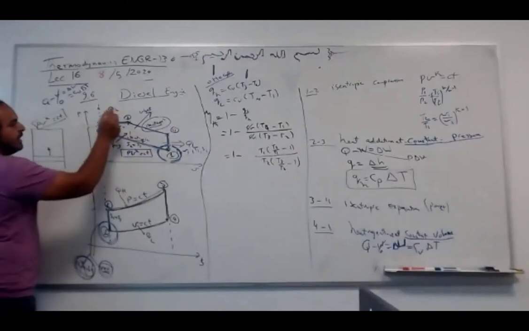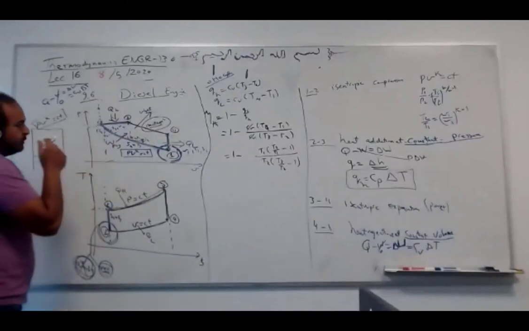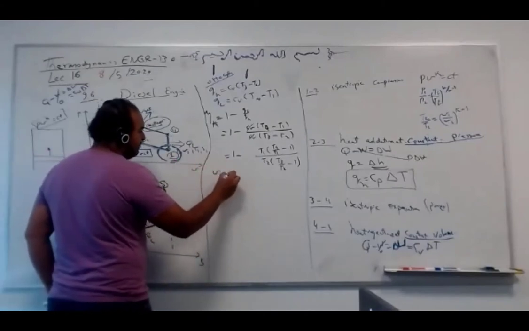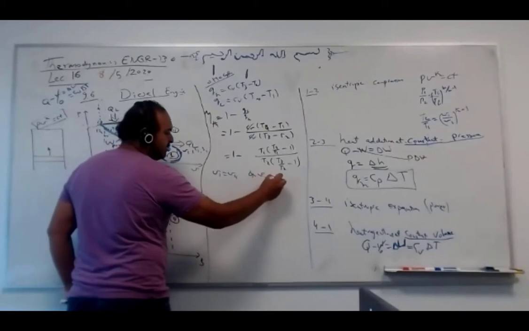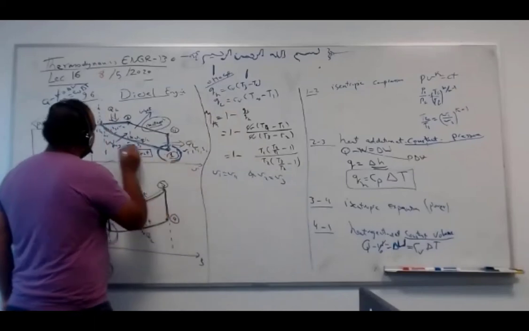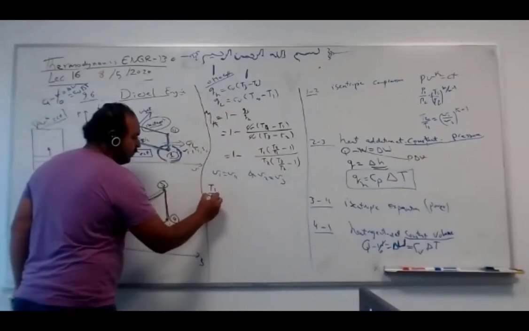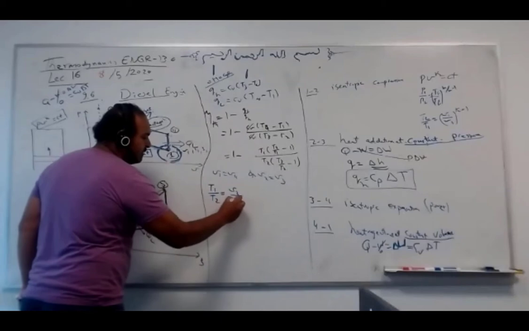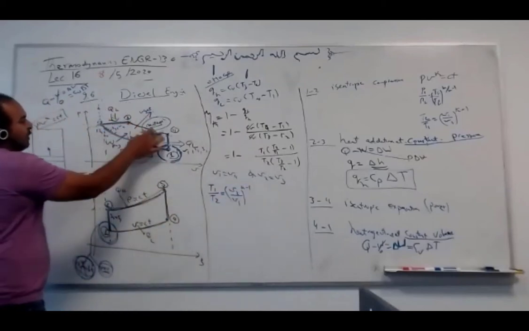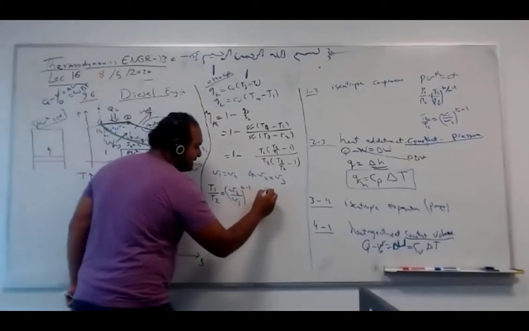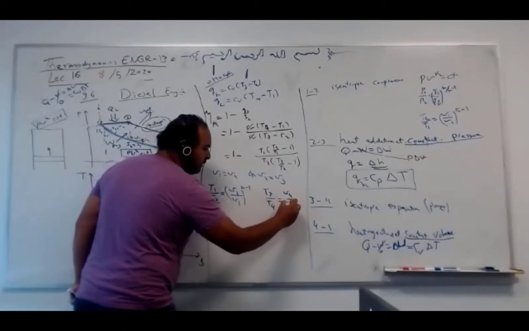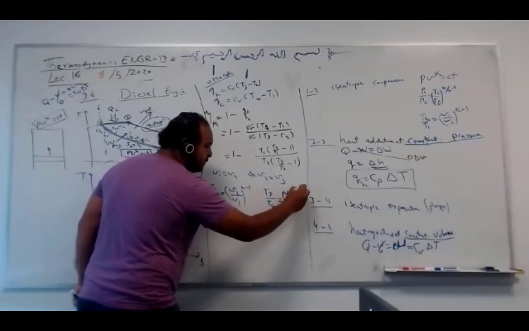1 to 2 is isentropic and 3 to 4 is isentropic. We have V1 equals V4 and V2 equals V3, that's for the Otto cycle. For 1 and 2 isentropic, T1 over T2 equals V2 over V1 to the K minus 1. 3 to 4 is also isentropic, so T3 over T4 equals V4 over V3 to the K minus 1.